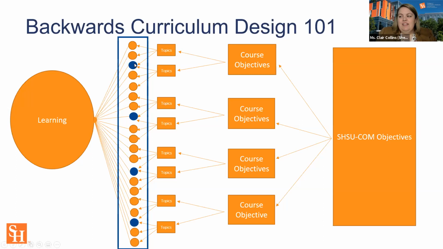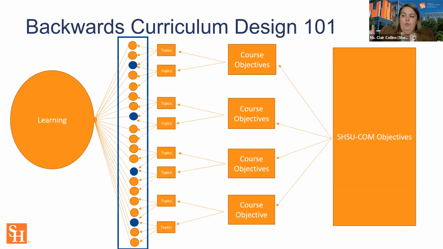You see these blue circles here, that represents something being taught more than once for no particular reason. That happens if you use forward curriculum design: you have a lot of people teaching the same thing, but because they weren't communicating with each other, you just have redundancy, which means lost time with the students, lost effort, and frustration, right?